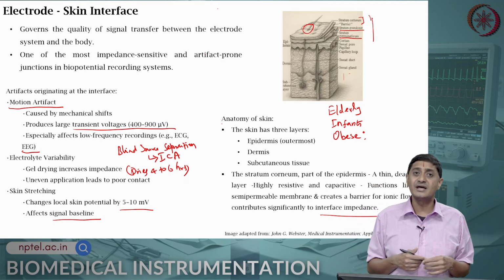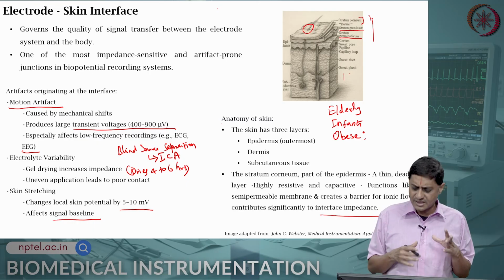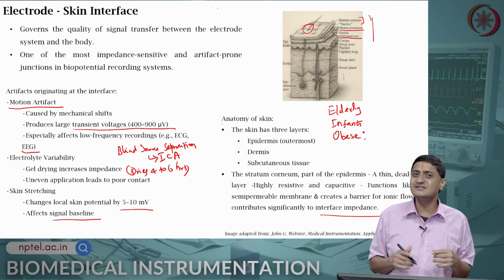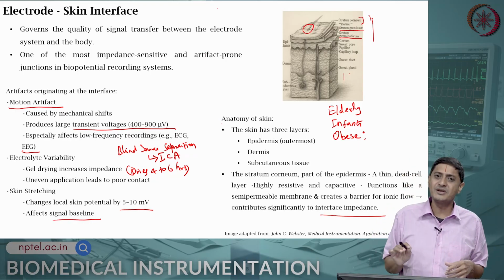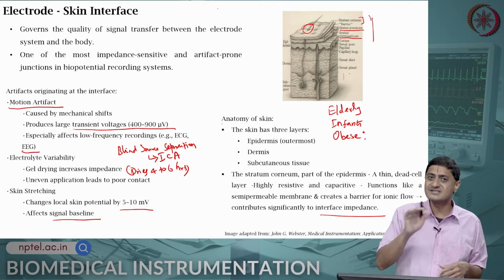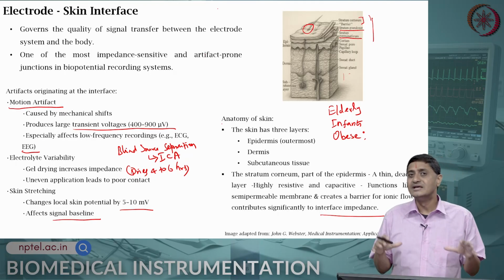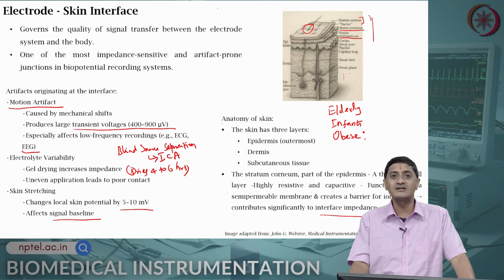This could cause damage to the skin. So, there are multiple considerations. You need to decide whether this regular procedure of shaving, skin abrasion followed by alcohol, followed by gel application and then electrode application, is the most suitable method for a given patient.